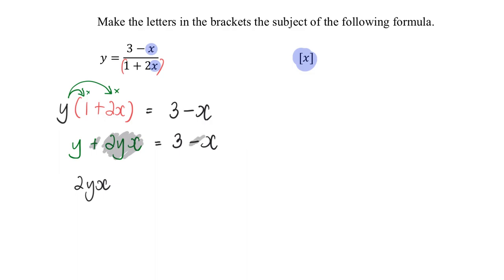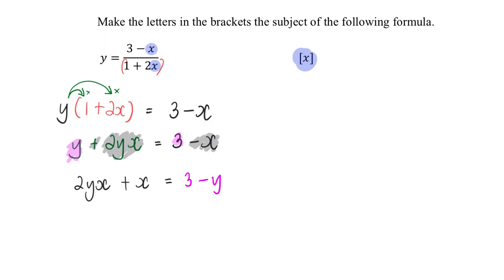You will then see this negative x. I'm going to add an x on both sides, so that you will see this negative x as plus x. I still see this 3 here, so this 3 will still be here. And I see this positive y here. I'm going to minus y on both sides. So this will be the next line that you see.